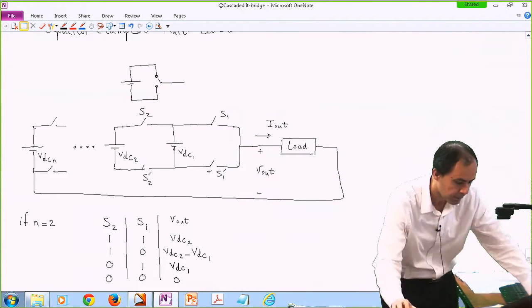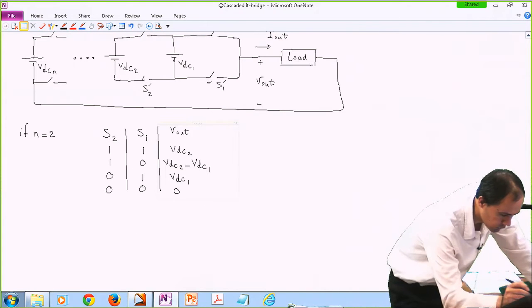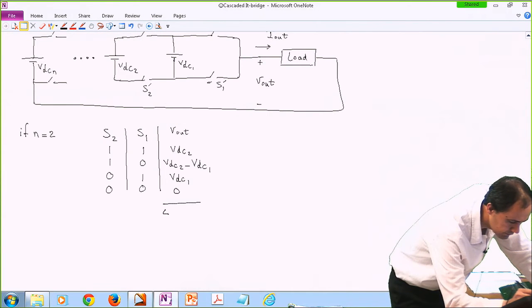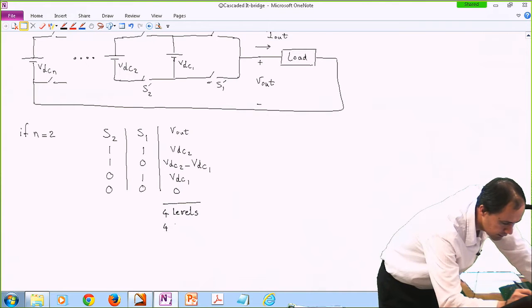And in terms of switches, let me write it down here. We have 4 levels, 4 transistors, and I'm going to explain it, and 4 diodes.